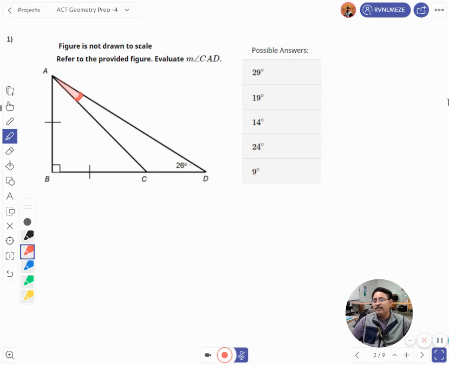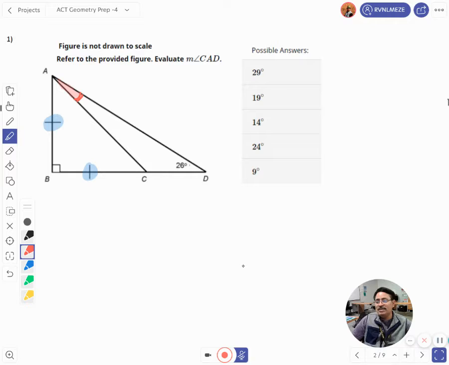I see that here these two symbols are marked. Like here is one line and here is one line. This shows that this is an isosceles triangle, which means two sides are equal. So I hope you remember that if two sides are equal, then the other two angles also must be equal.